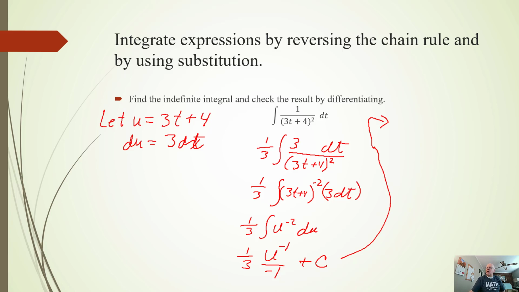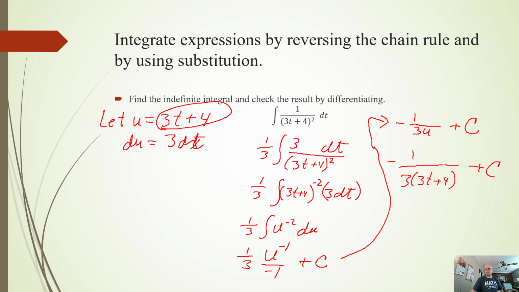We've got a negative 1/3, because we've got the 1/3 and we've got the negative 1, and that's u to the negative 1, which means we'll have a u down there, plus c, and then we'll reestablish the u in its original version. So we'll get minus 1 over 3 times 3t plus 4 plus c. And there you go.